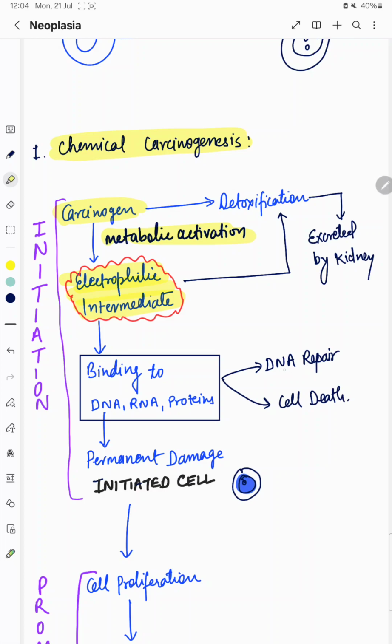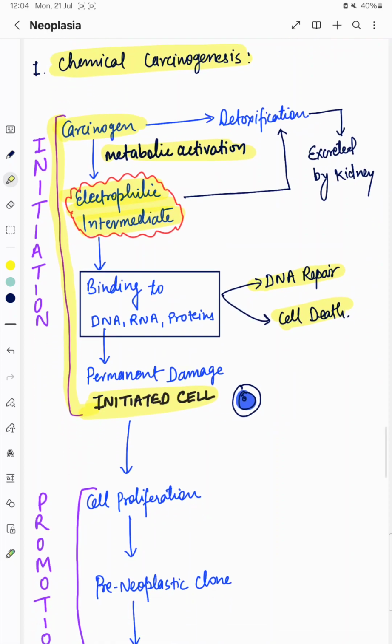Whenever these mechanisms of DNA repair and cell death are overwhelmed, or there is mutation of the genes involved in these two processes, the mutated cell persists and results in the formation of an initiated cell. And this entire process from exposure to the carcinogen to the formation of an initiated cell that harbors a permanent damage is the initiation phase.